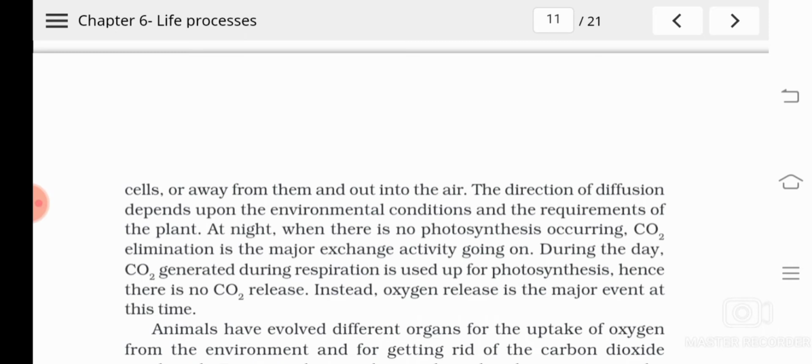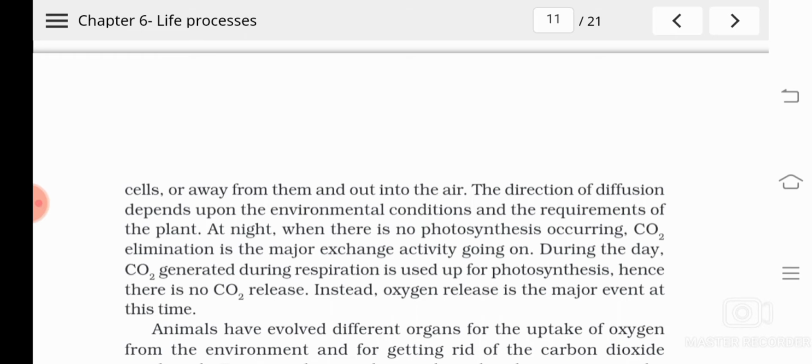During night time, there is no photosynthesis, as there is no sunlight, so carbon dioxide elimination will be the major activity. The plants need to eliminate carbon dioxide. Understood?